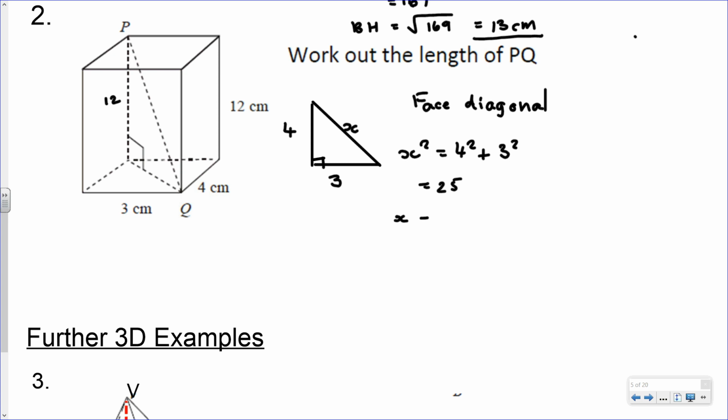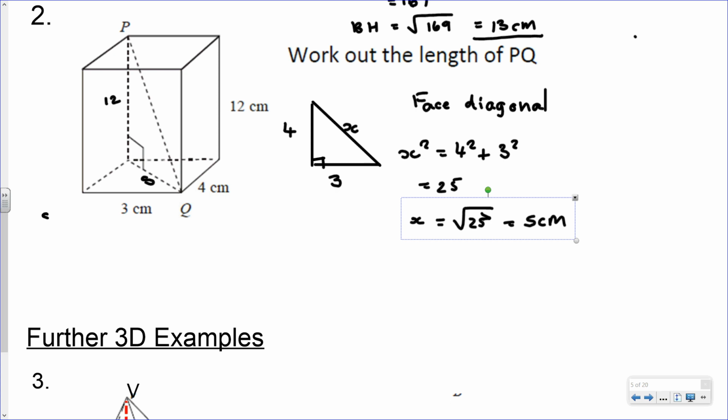So x is therefore the square root of 25, which is 5 centimetres. So that is the length of our face diagonal, which is what we needed to help us here. So now we have that length as 5.